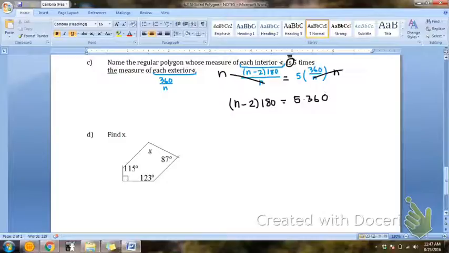I want you to solve this. Don't wait for your classmates to do it. You need to be working it as well.